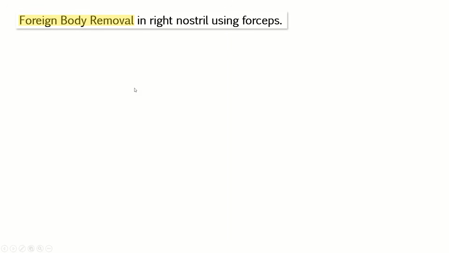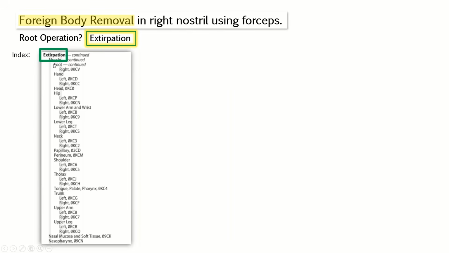Well, we've got a foreign body removal. Now, although we didn't discuss the definitions, the root operation for foreign body removal from the right nostril will be extirpation. I'm going to look up extirpation. Extirpation of what? Nasal mucosa and soft tissue.